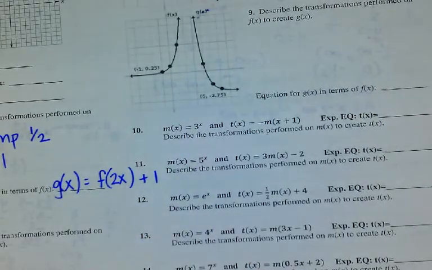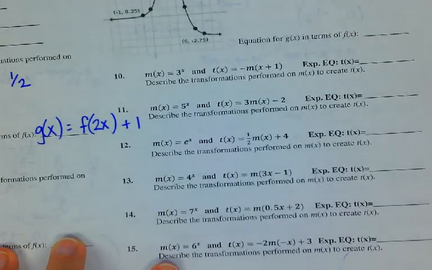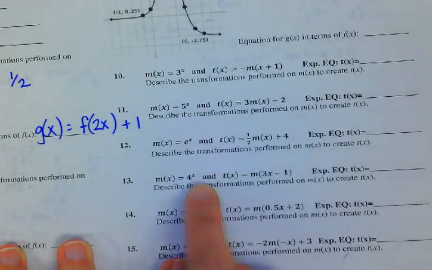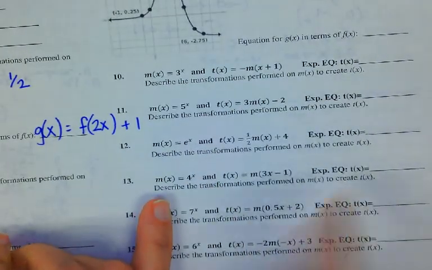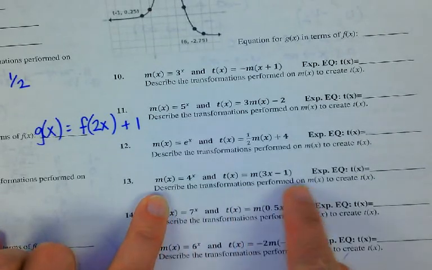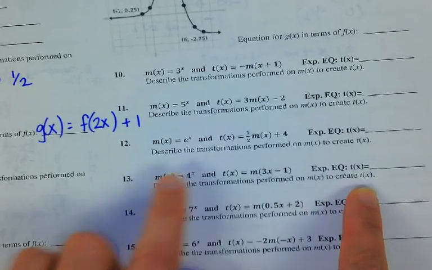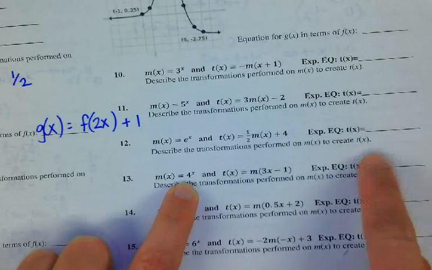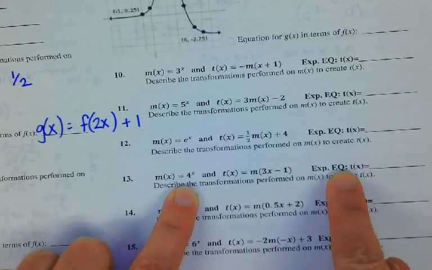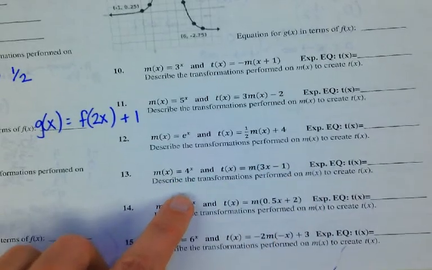It lists the transformations in function notation, so let's see, maybe I will pick, I don't know, maybe 13 down here. So it says, describe the transformations performed on m of x to create t of x. Okay, and then we want to actually write the exponential equation, not just in function notation.